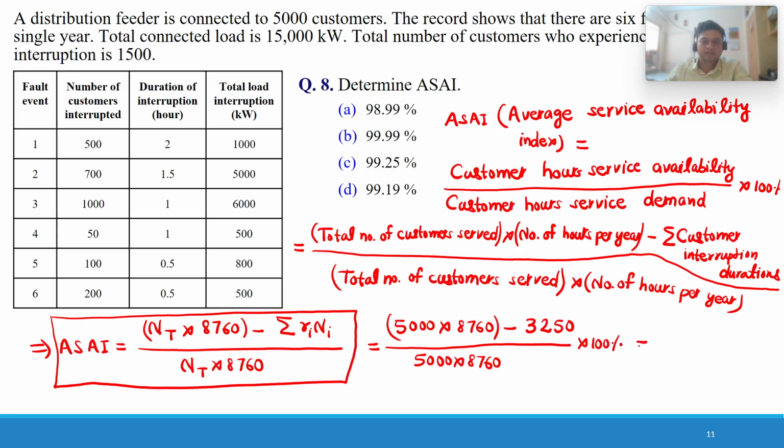So finally, if you do the simplification, I am just writing it down, 43796.750 divided by 43850 into 100.